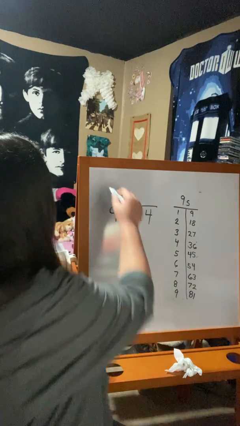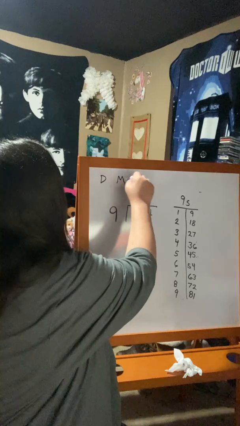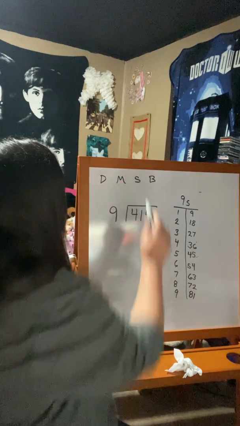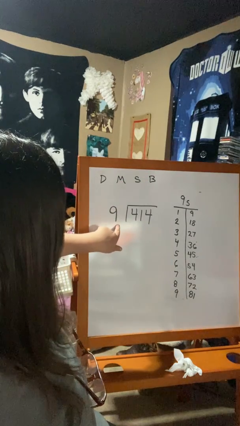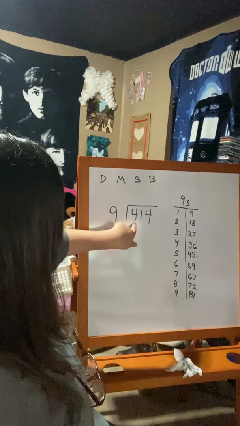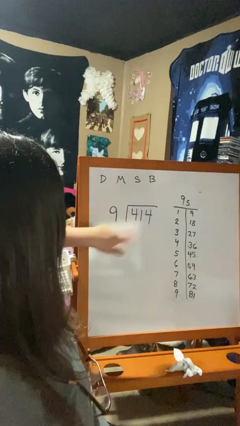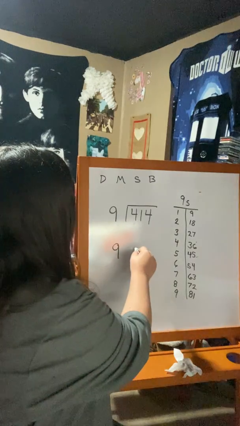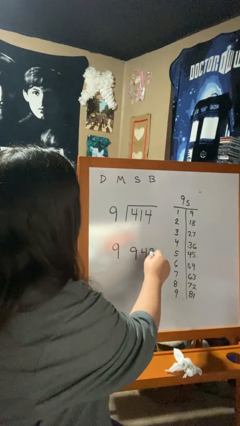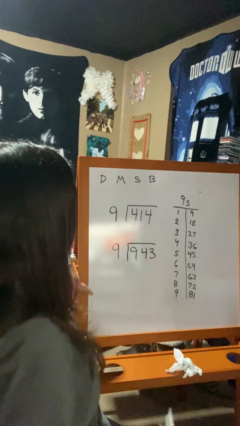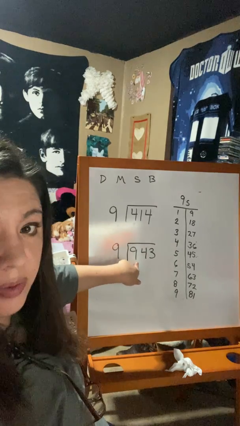So let's divide, multiply, subtract, bring down for this problem. We're going to divide first. We're going to try 9 into 4. Nope. What if we had been doing 9 into 943? Well, we would have put 9 into 9, and would that work out?